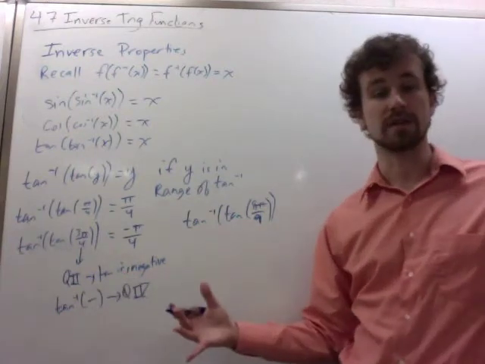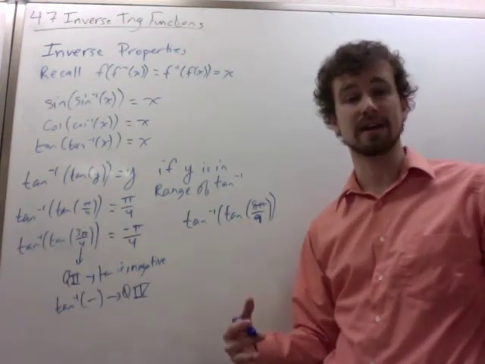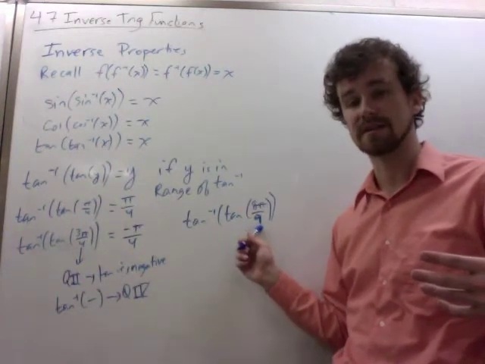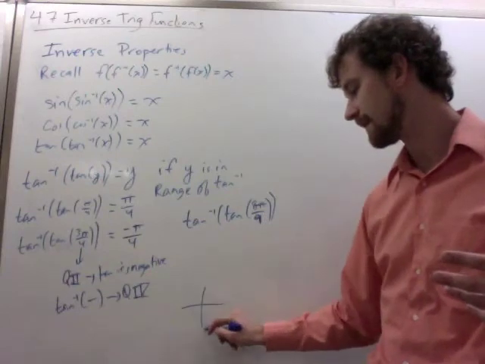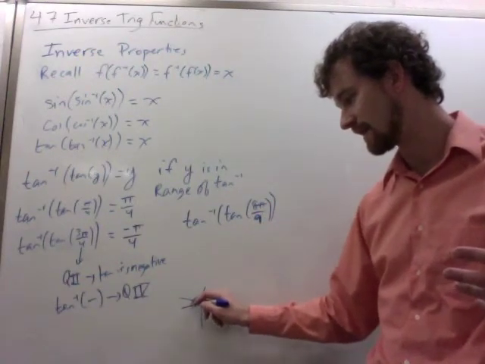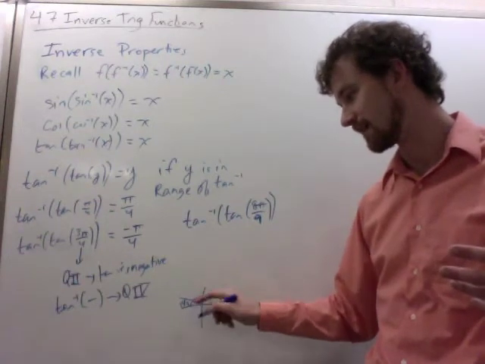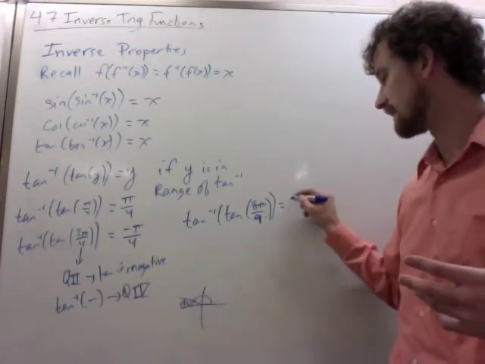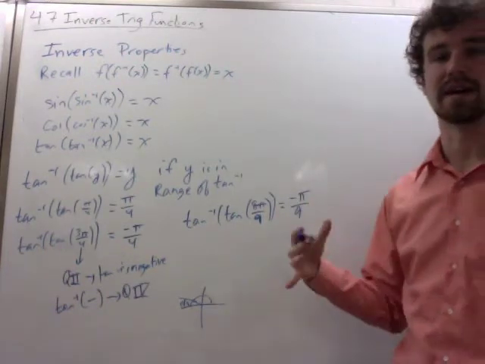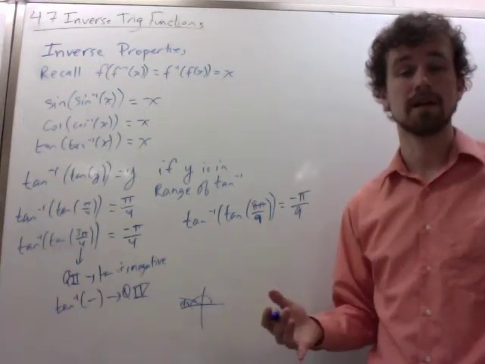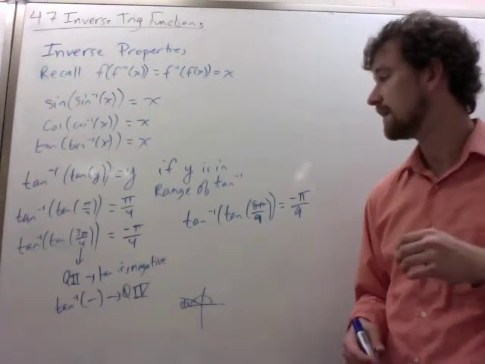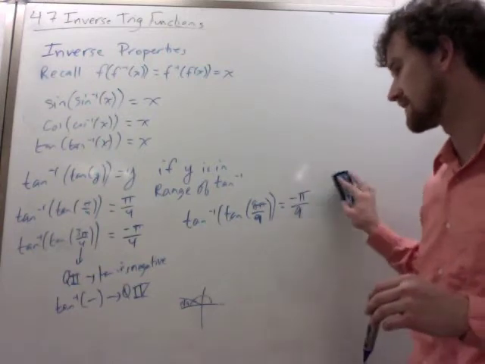Tangent is negative in quadrant 2, so when we take the inverse tangent of a negative value, we get back a quadrant 4 angle that has the same reference angle. 8 pi over 9 is pi over 9 less than pi, so the reference angle is pi over 9. So this is going to spit back out minus pi over 9, because that is the pi over 9 angle in quadrant 4. So taking an inverse, you can wind up using reference angles.